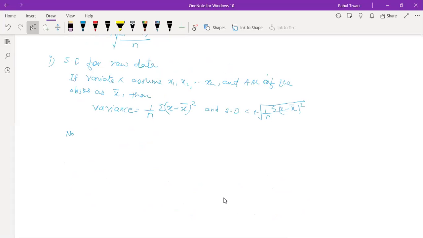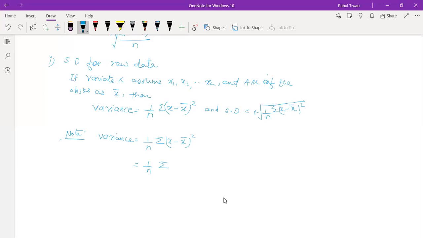Now, if you look at the variance part, it is 1 upon n summation (x minus x bar) square, right? So this is going to be 1 upon n. Just expand using (a minus b) whole square.